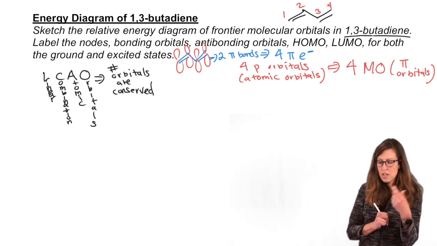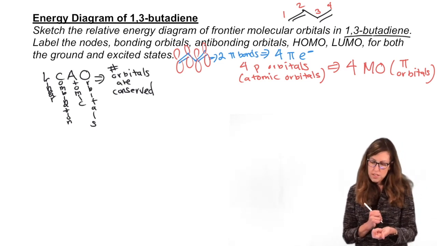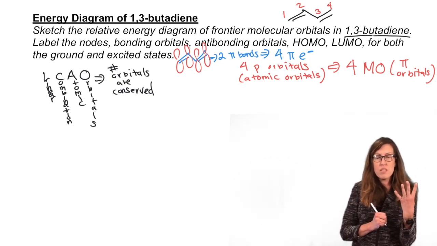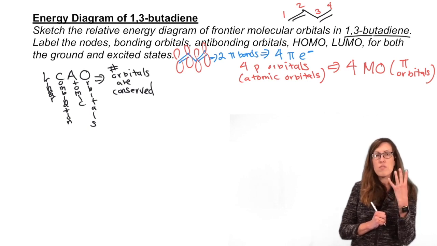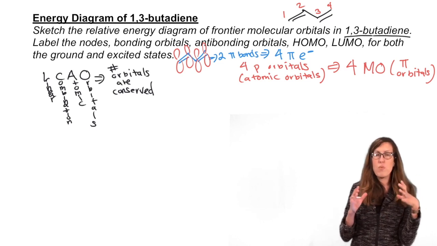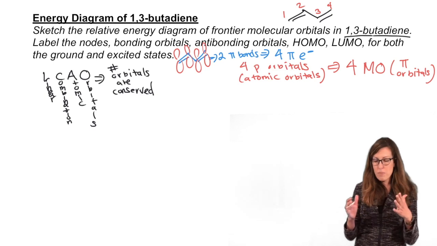You have to add up to 4. The same is true with these molecular orbitals. We start off with 4 p atomic orbitals. The different ways those p orbitals can overlap give us 4 possible molecular orbitals. That number doesn't change. We don't combine it into one fat one with only one possibility. We consider all 4 possibilities.